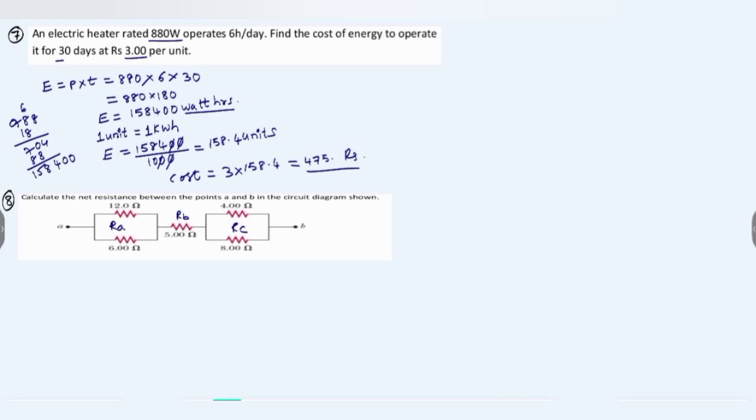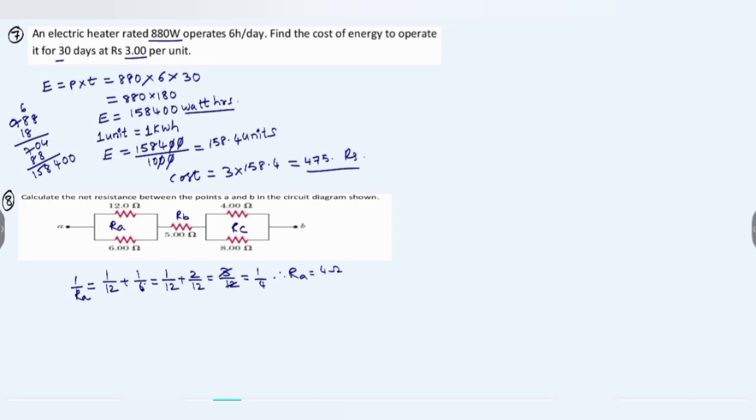RA is a parallel combination of 12 and 6. So 1 by RA is equal to 1 by 12 plus 1 by 6, which is 1 by 12 plus 2 by 12, that is 3 by 12, and after cancellation 1 by 4. Therefore RA is equal to 4 ohms.